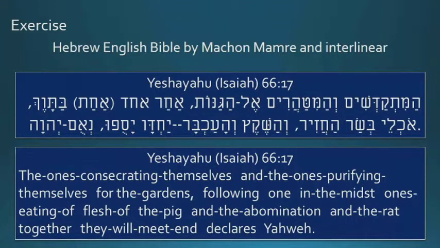Now, it breaks up each of these words, as we see with the little dashes there. The first word is the ones consecrating themselves. That's what that particular word says all at one time. The next word is and, the ones purifying themselves.